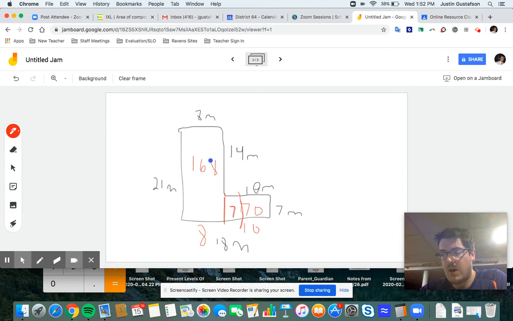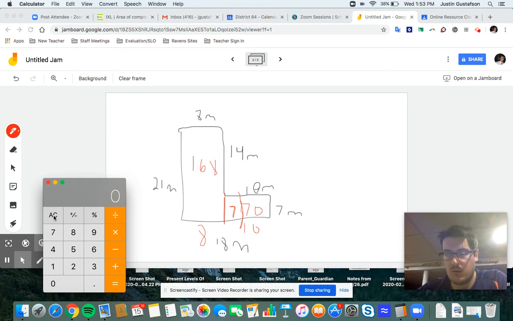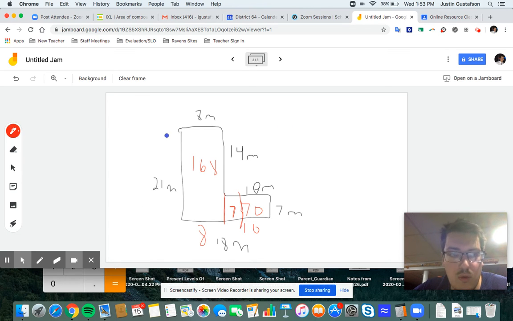So now I want to add these together. 168 plus 70 equals 238. Who could remember what we have to do? Well, we have to label. 238 meters squared, not cubed, squared.